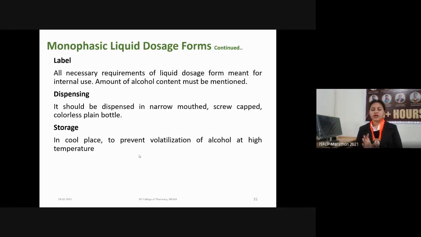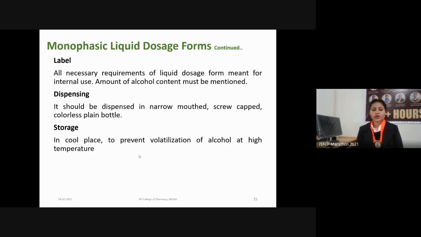The concentration of the alcohol used in the preparation of the elixirs should be specified on the labels. Next is dispensing. How are we going to dispense the elixirs? It should be dispensed in narrow mouth, screw capped, colorless, plain bottles. It means we have to use colorless bottles that have a narrow mouth and a screw cap.